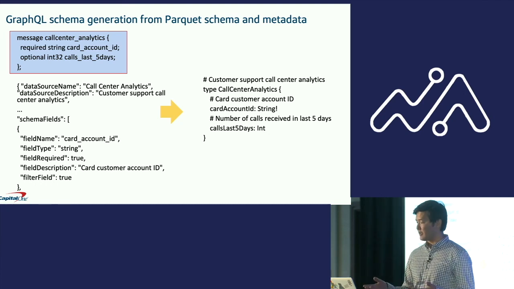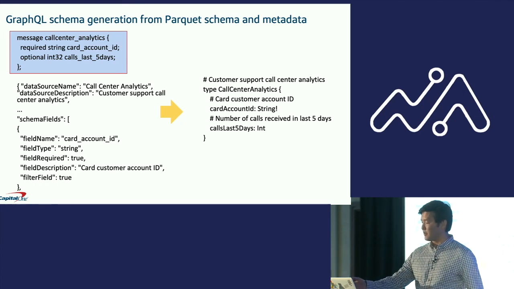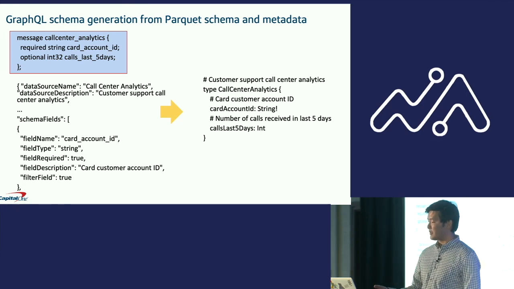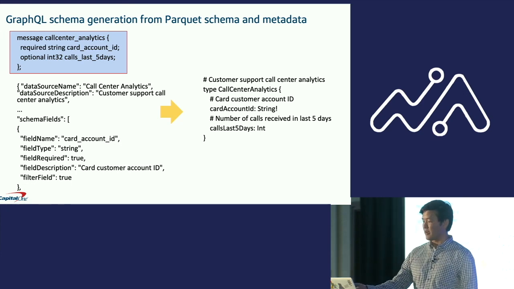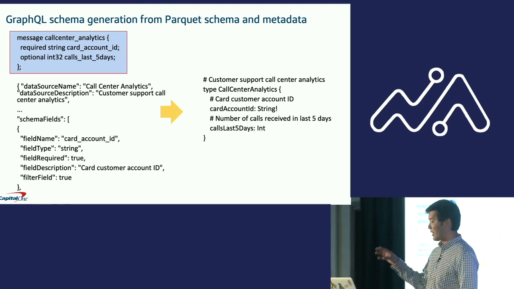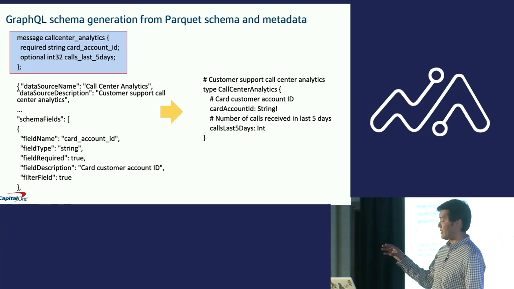In this case, I'm naming the type using the data source name, translating the Parquet fields as GraphQL fields, and populating the schema comments using the metadata in the configuration. And on the right is the output of the translation.